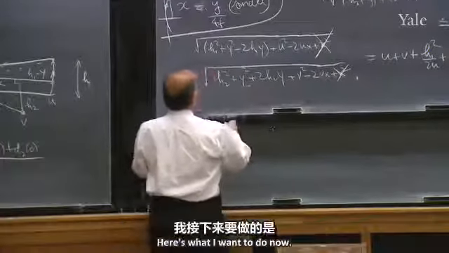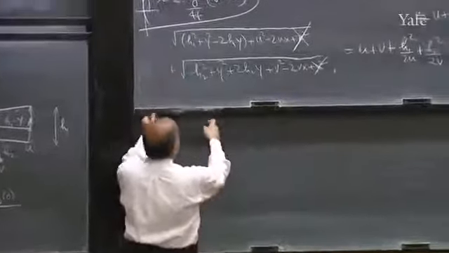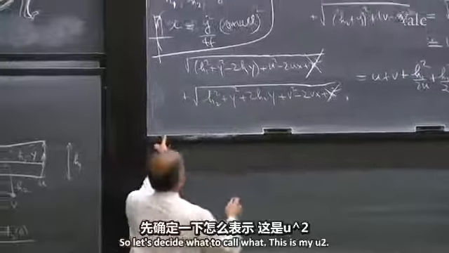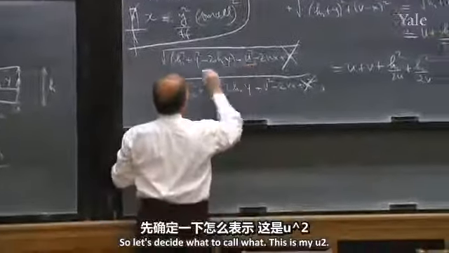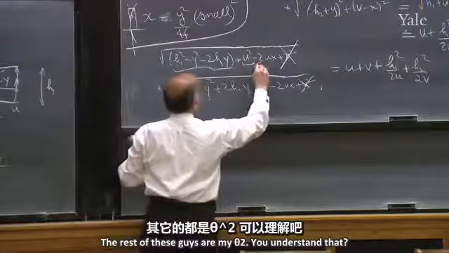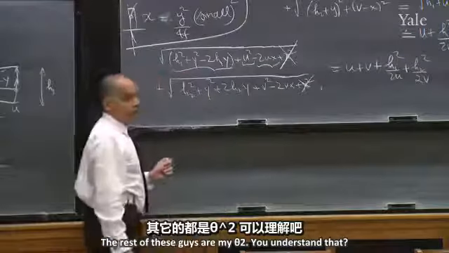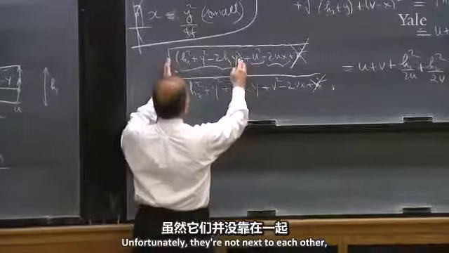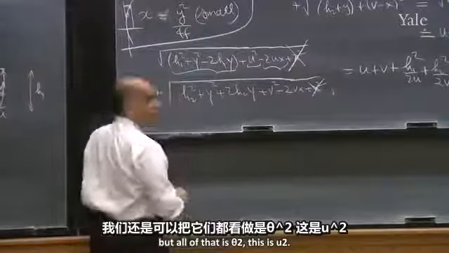Okay, so this fellow is out. So here's what I want to do now. I'm going to write the first thing. So let's decide what to call what. This is my u squared. The rest of these guys are my theta squared. You understand that? This is u. Unfortunately, they're not next to each other, but all of that is theta squared. This is u squared.